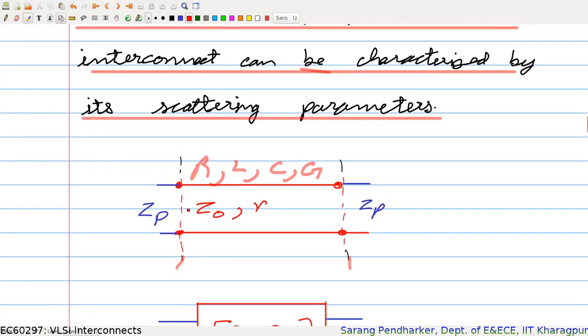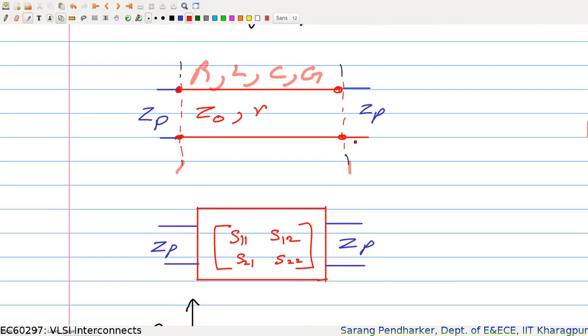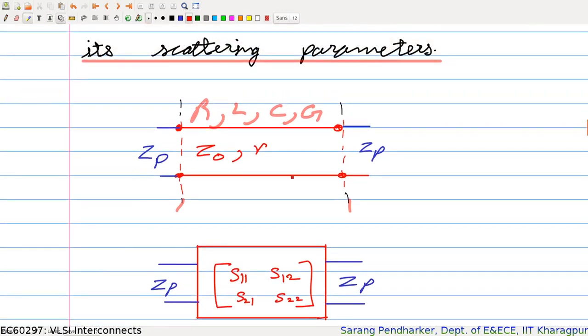So what we do is that we measure S parameters. Here Zp is the port impedance. So often this Zp is 50 ohms.